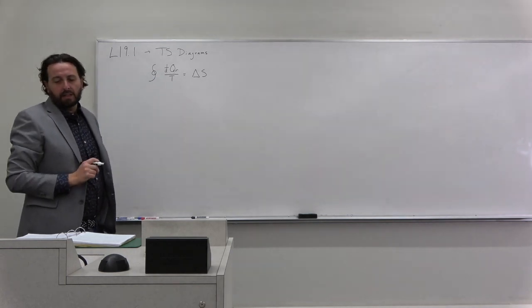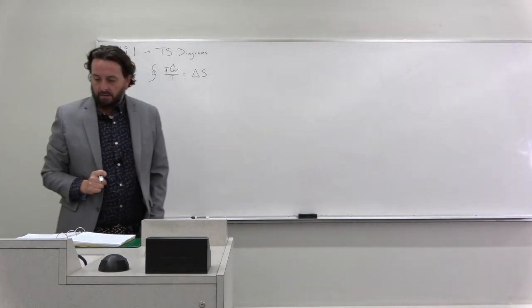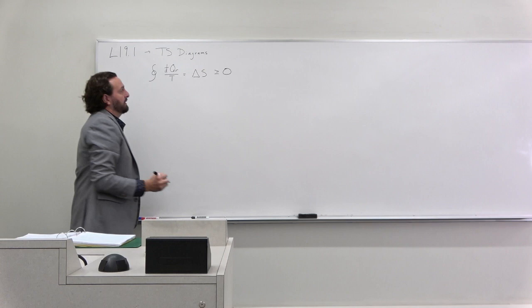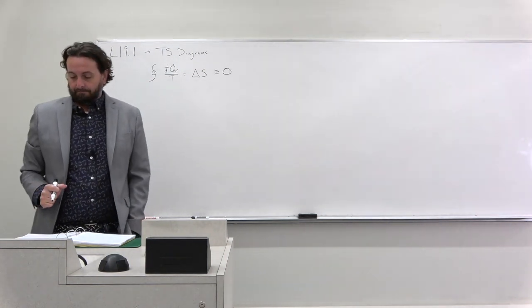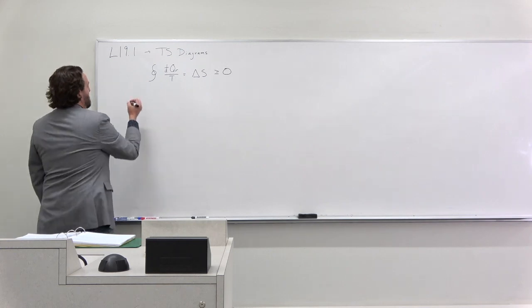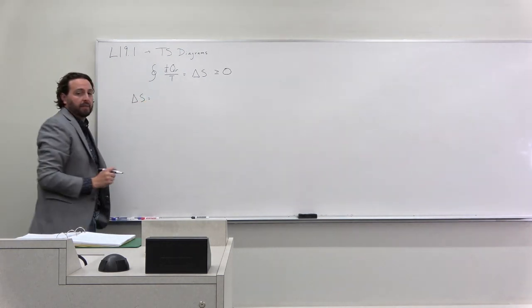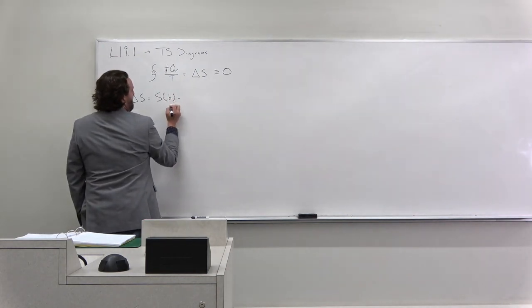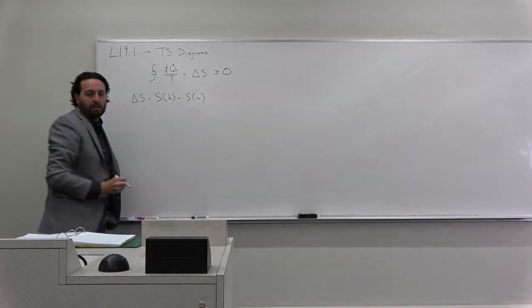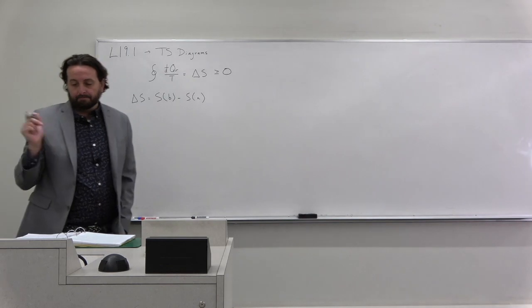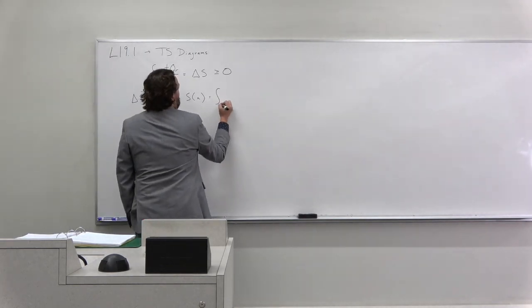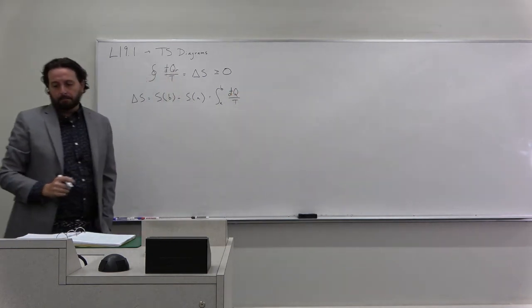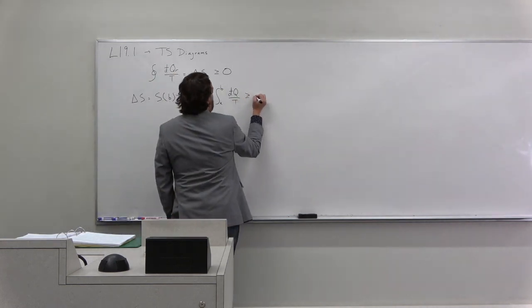And we said very clearly that for a reversible process, this was going to be equal to 0, but generally speaking, it was greater than or equal to 0, where the change in entropy can be thought of as the change from one state B to another state A, which is the integral from A to B of dq over T. And that this always was greater than or equal to 0.